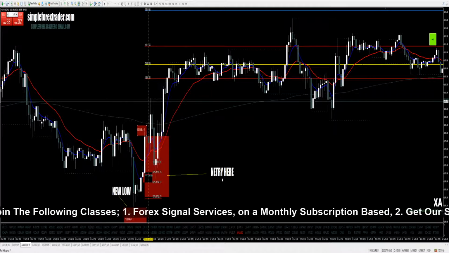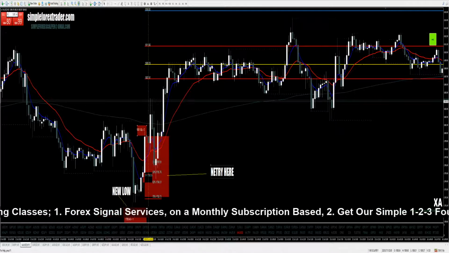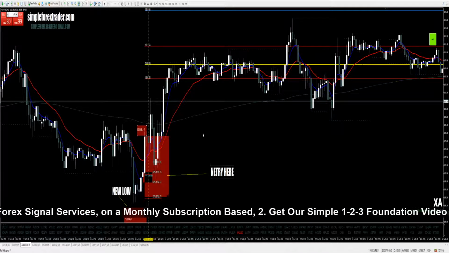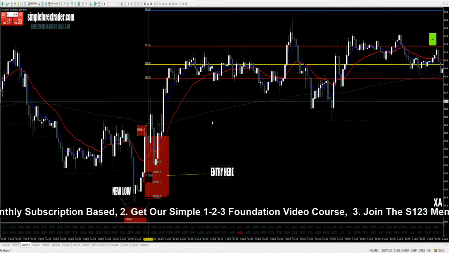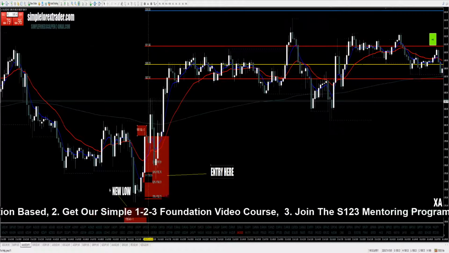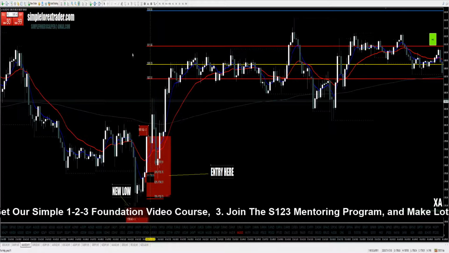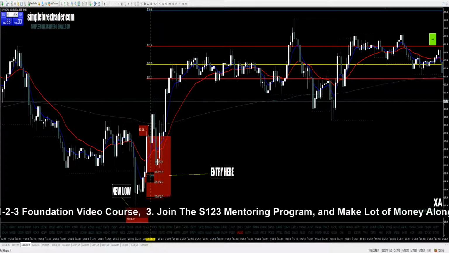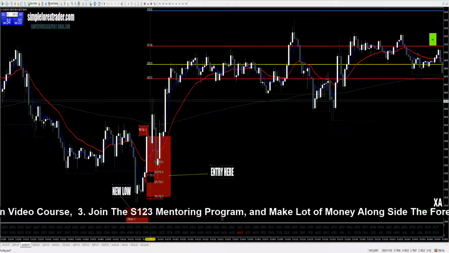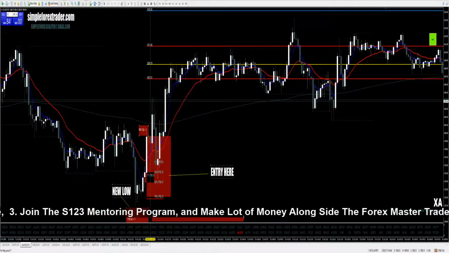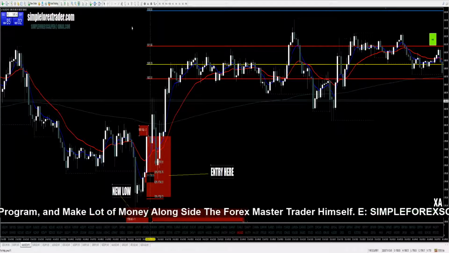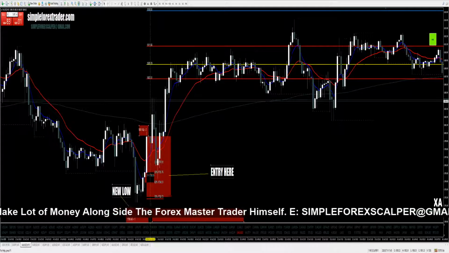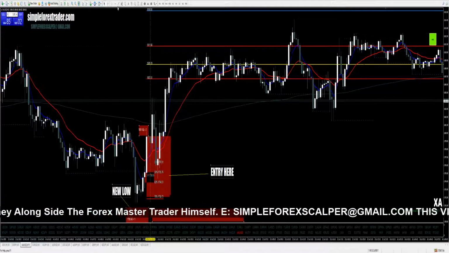Entry here. Oops, I spelled entry incorrectly. Let me fix that. Entry here. Where do we place our stop loss? Stop loss is down here. The stop loss is always below the 1, which is the previous low. Remember? Previous low.